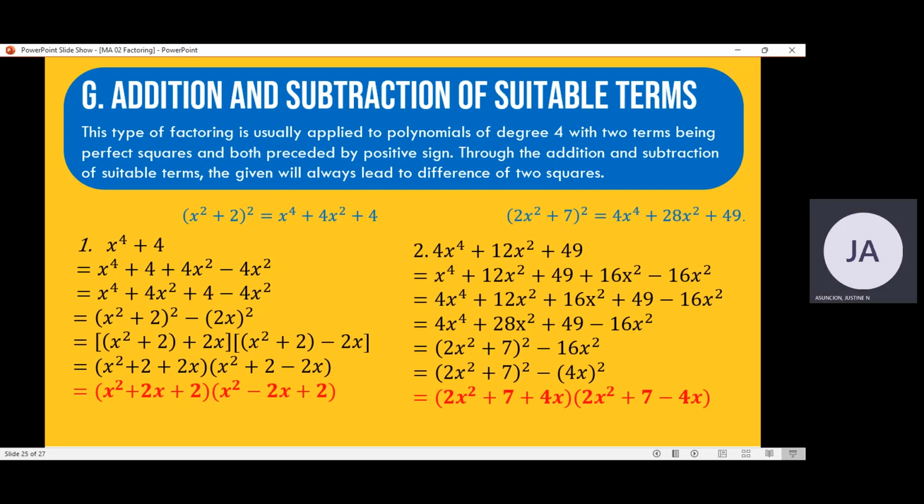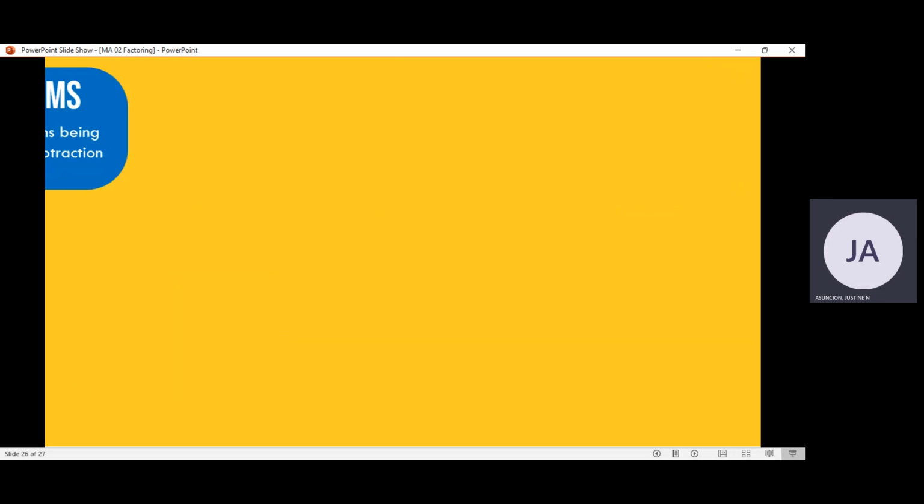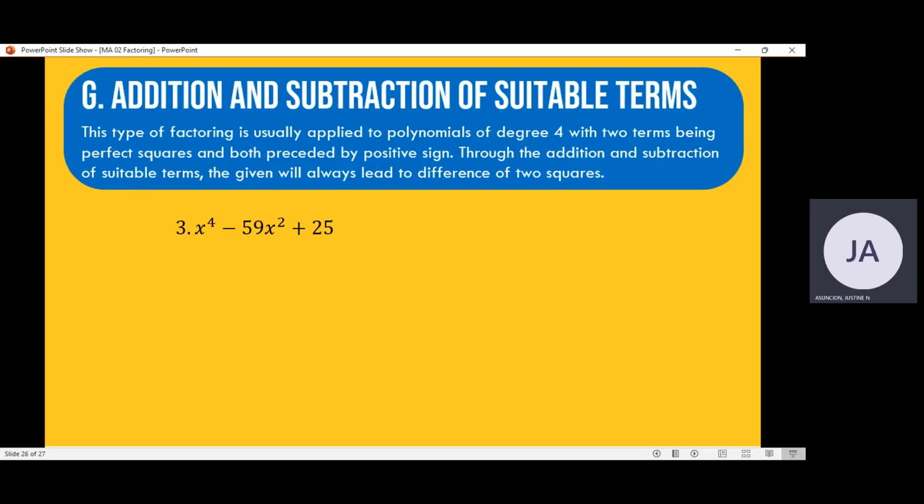Okay, so that's the addition and subtraction of suitable terms. Actually, we have your last example: x raised to 4 minus 59x squared plus 25. As you can see here, we can have the first term and the last term, right? But the middle term will not satisfy the square of a binomial.